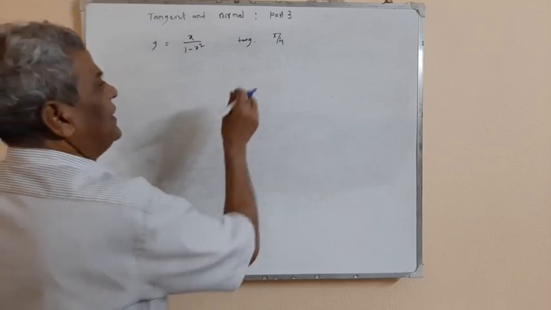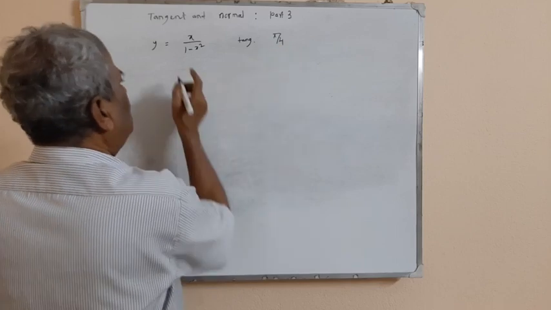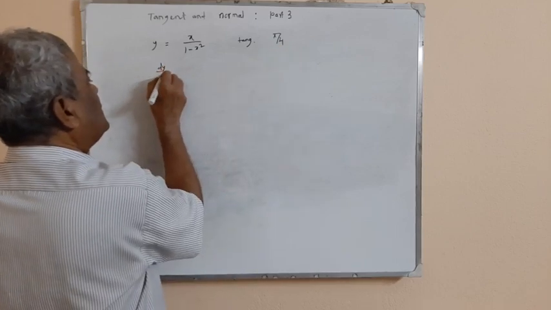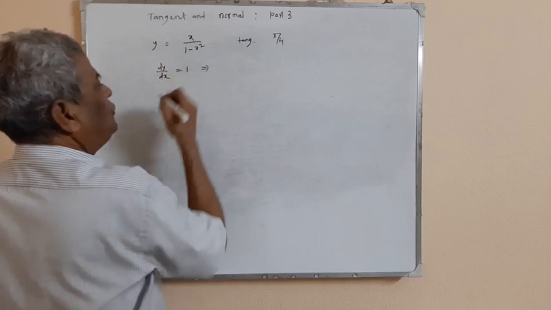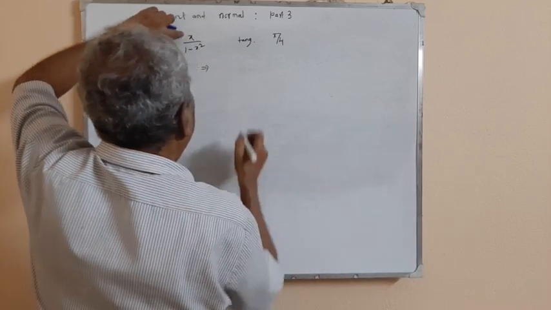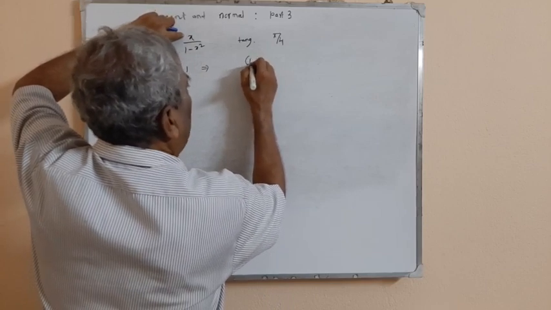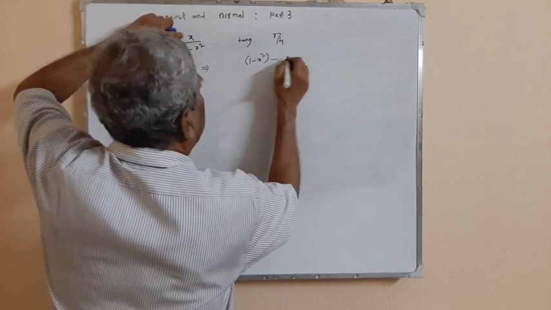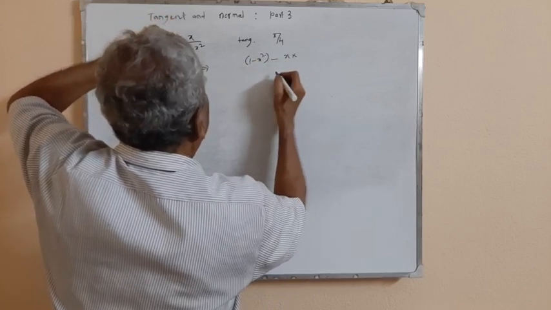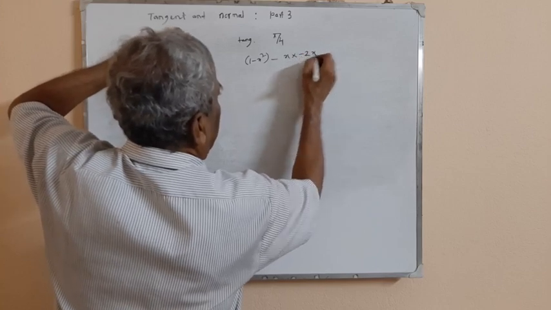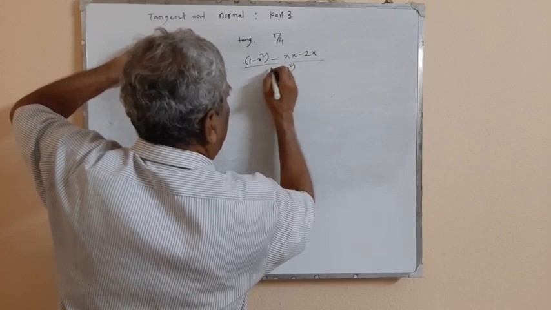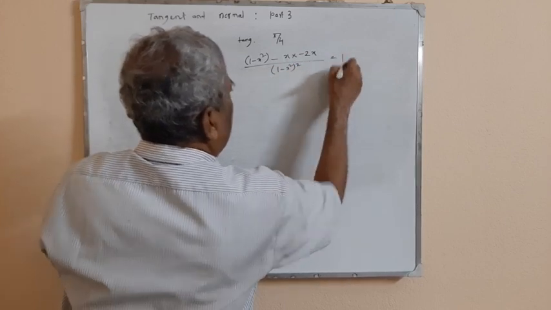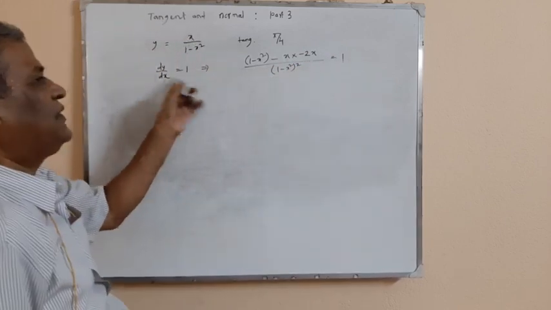As the tangent makes an angle pi by 4, dy/dx must be equal to 1. From there, the derivative is 1 into 1 minus x square minus x into minus 2x, divided by 1 minus x square whole square, and it is equal to 1.